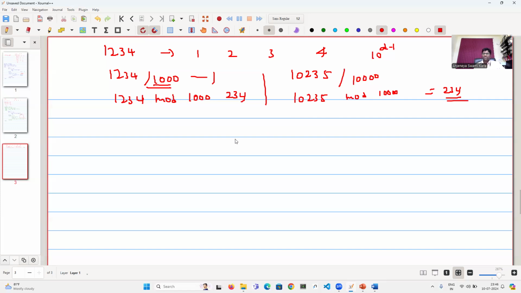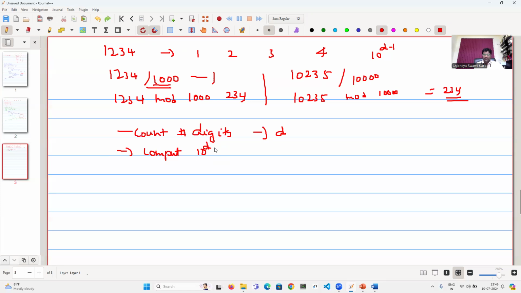What we need to do is, first step, count the number of digits. Let it be d. And then compute 10 to the d minus 1.